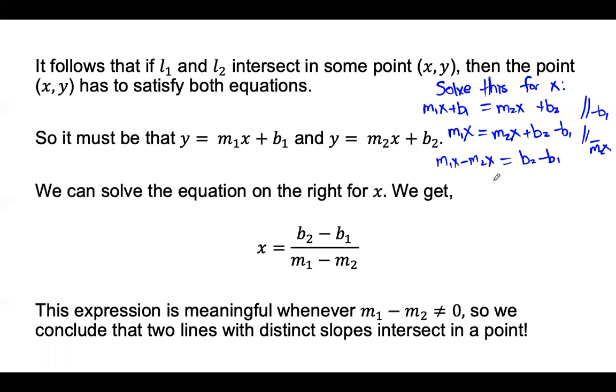We can factor out the x, and then we can divide both sides by M1 minus M2.